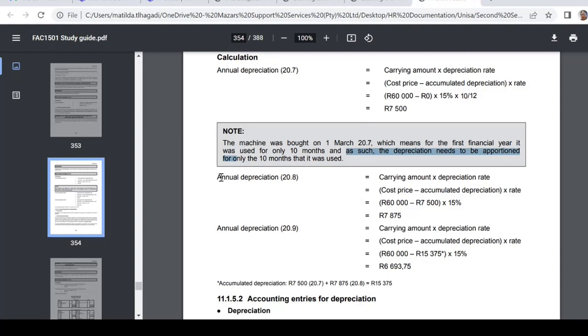So now we need to do depreciation for the year 20.8. Do you agree with me that we now already have an amount of accumulated depreciation?